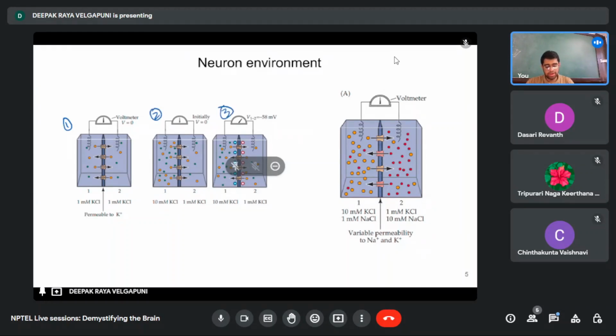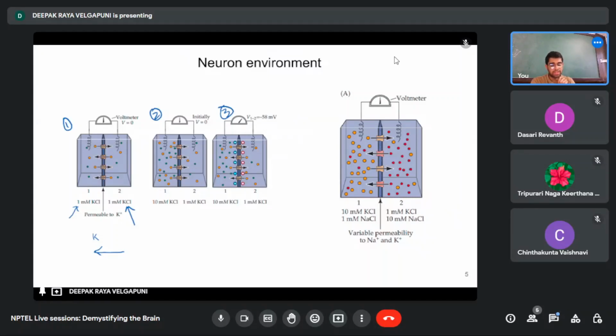In the first scenario, there is no concentration gradient, and there is just equal diffusion of K plus ions across the membrane. These ion channels are selective to K plus. And then when there is a concentration gradient, there is diffusion from higher concentration to lower concentration, and the K plus ions diffuse to the other side.